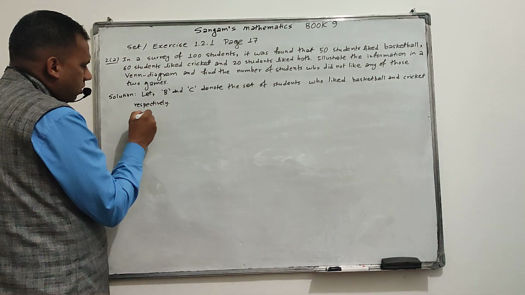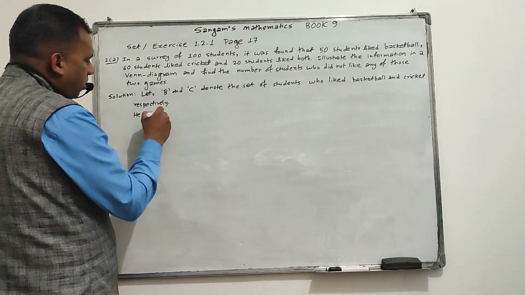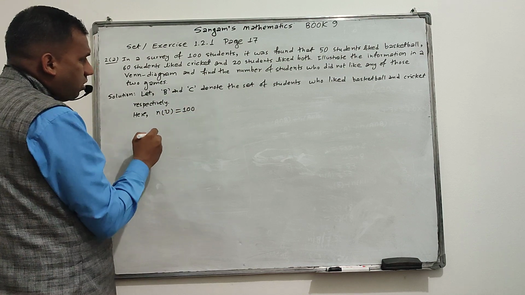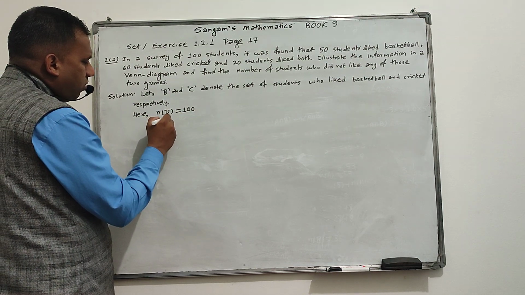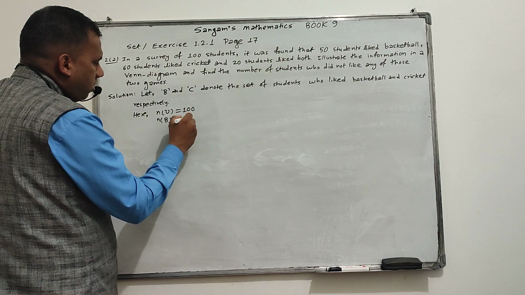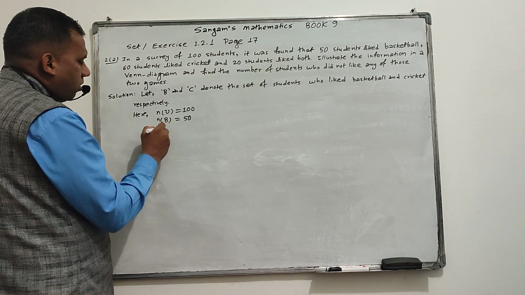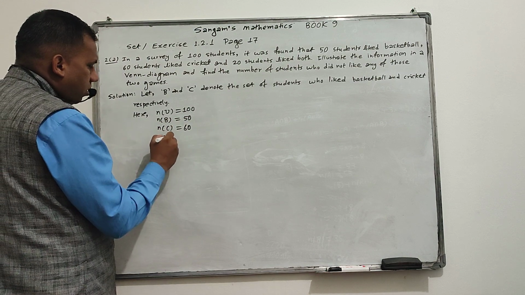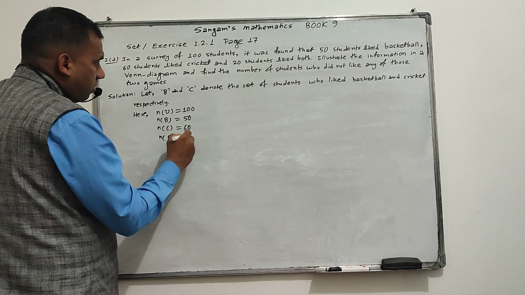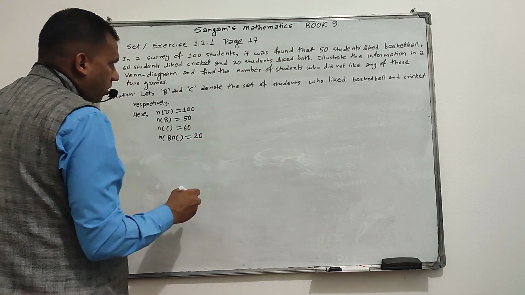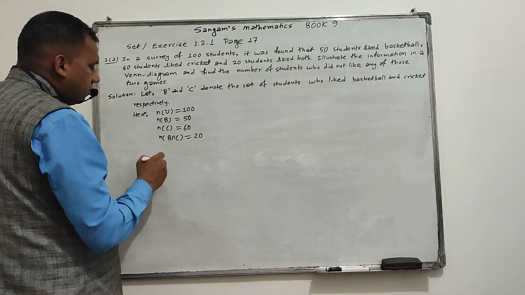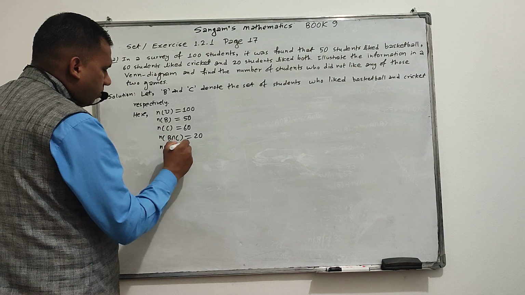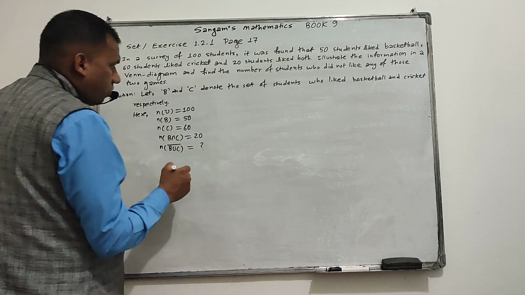Here, n(U) = 100, n(B) = 50, n(C) = 60, n(B ∩ C) = 20, n((B ∪ C)') = ?